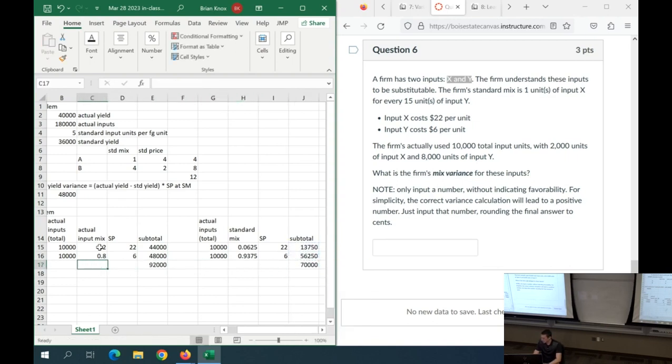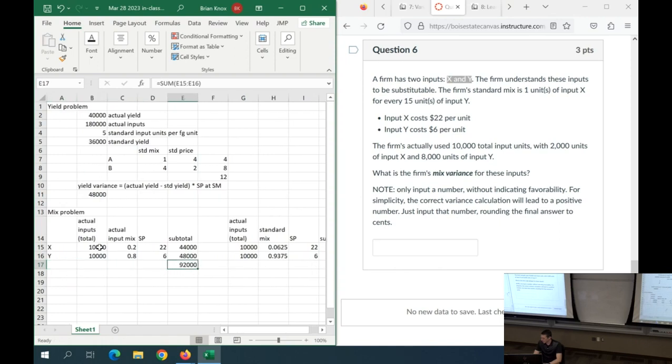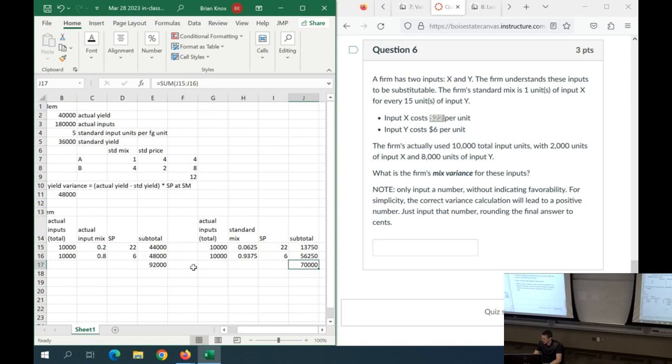And you sum here. And so with the actual mix, we had costs of $92,000 because we used way more of this X, which is the more expensive unit, than we expected. We used 20% of our inputs were X. It should have been 6.25%. So we way overused X relative to Y. So we have 92,000, whereas standard for 10,000 input units would have been $70,000 worth of cost there.